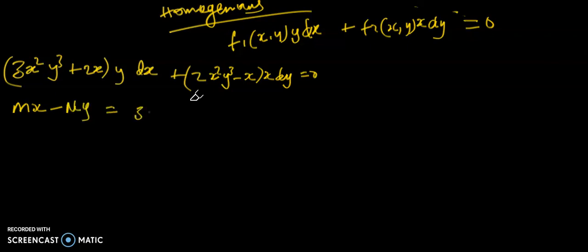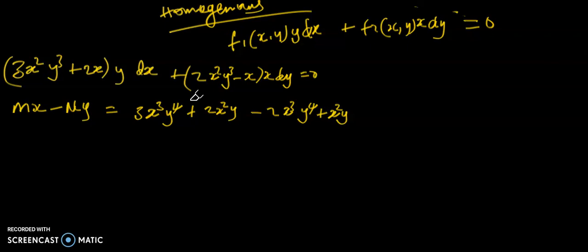This will be 3x cubed y power 4. If we take this here, just multiply this by y, plus 2x squared y, minus 2x cubed y power 4 plus x squared y.